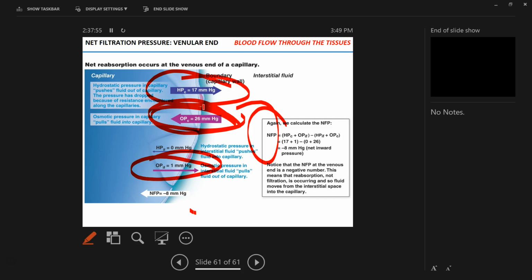If you obstruct lymphatic vessels, interstitial hydrostatic pressure will go up. If you increase the concentration of proteins in the blood, capillary osmotic pressure will increase. And you have to understand, if we increase capillary osmotic pressure, what happens on the arterial end? What happens on the venular end? Does that make sense?